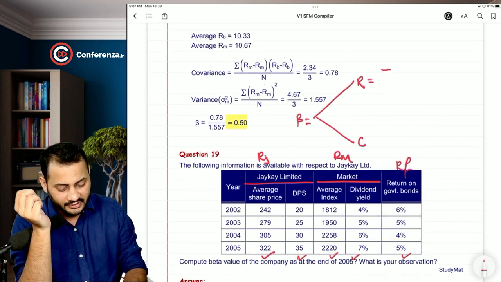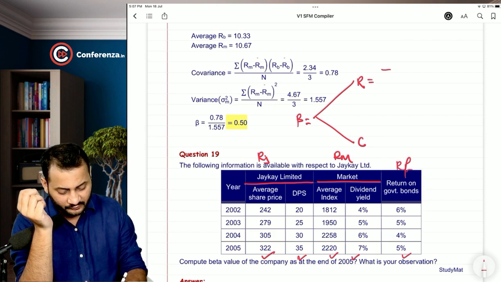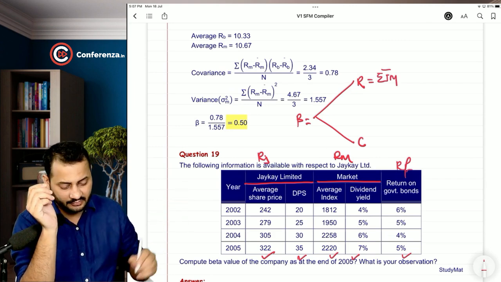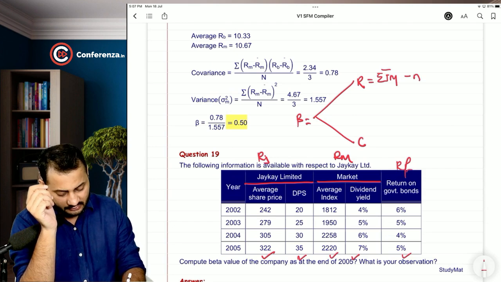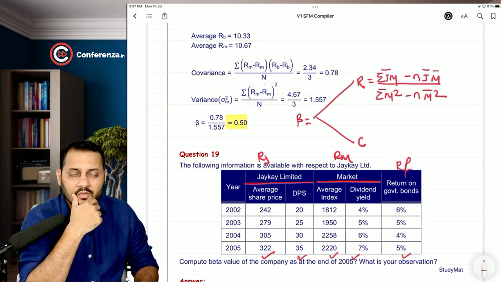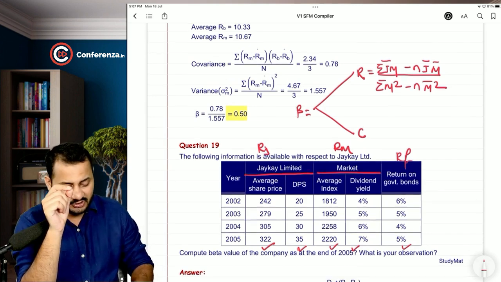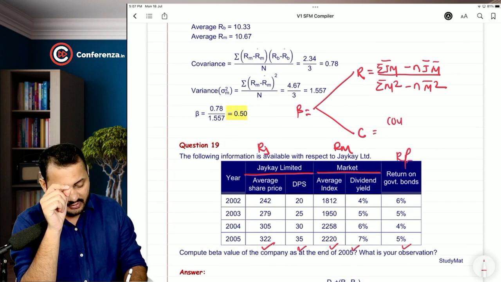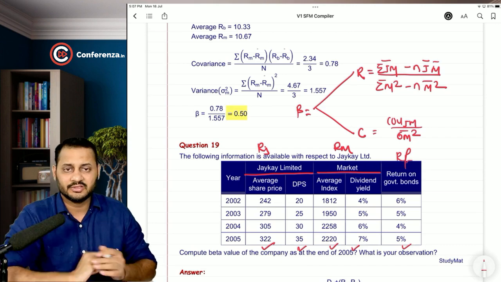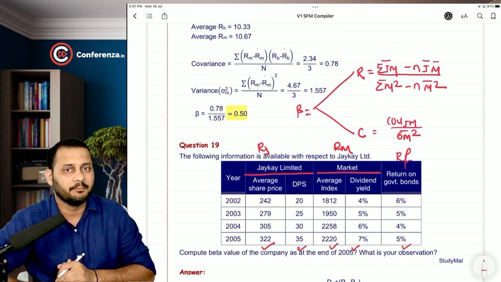With regression analysis, it is summation of JM, where J is JK Limited's return and M is the market's return, minus n J bar M bar, the average returns of both, divided by summation of M square minus n M bar square. And with correlation analysis, it is covariance of JM divided by variance of M.